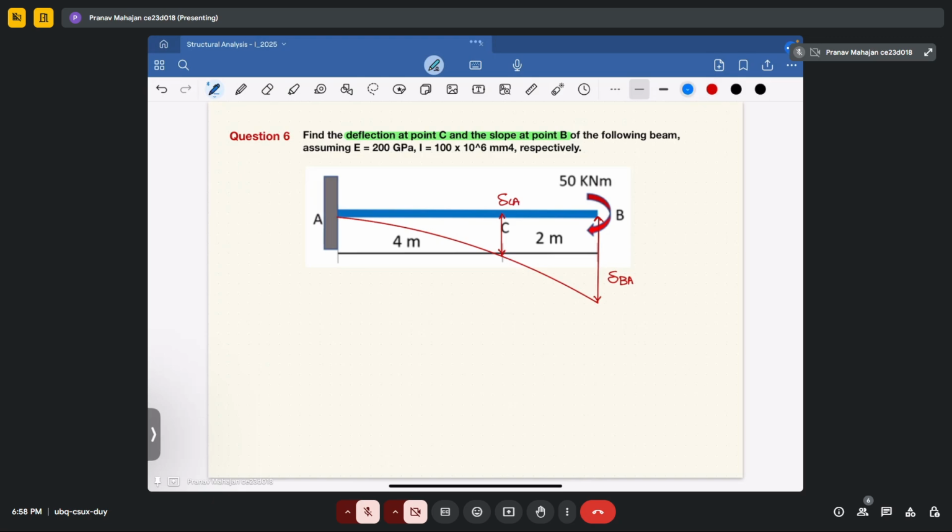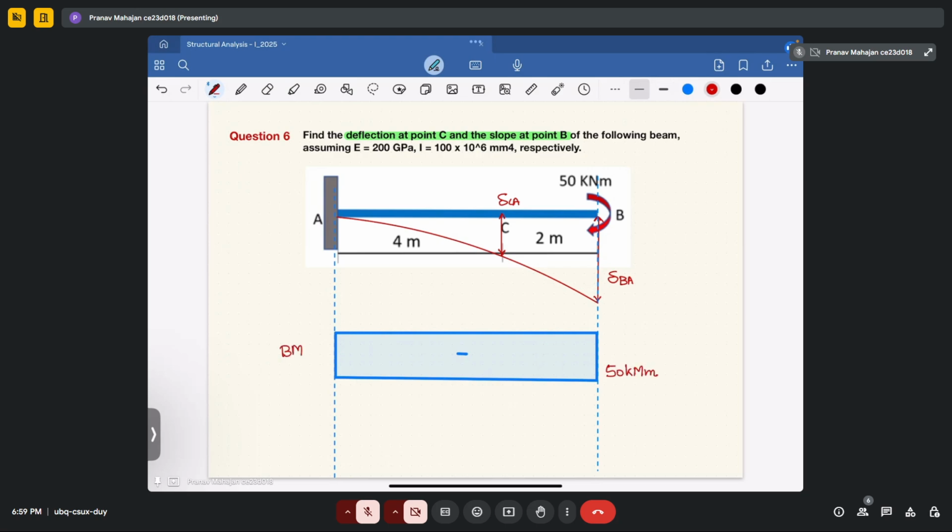How will we calculate it? We will first make the bending moment diagram for this case. In this case, you can see a constant moment is applied. So if a constant moment is applied, the bending moment will be like this, and it will be equal to a value of 50 kilonewton meter.